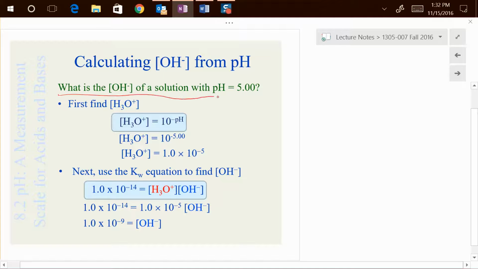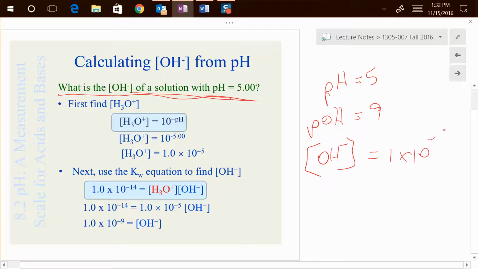What is the OH minus ion concentration of a solution with a pH of 5? They're doing it one way, but I think that this way would be easier. What is the pOH if the pH is 5? 9. What's the OH minus ion concentration then? 1 times 10 to the negative 9.